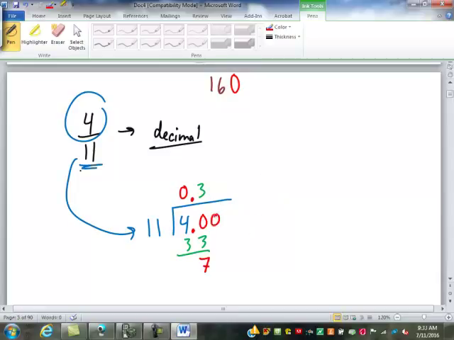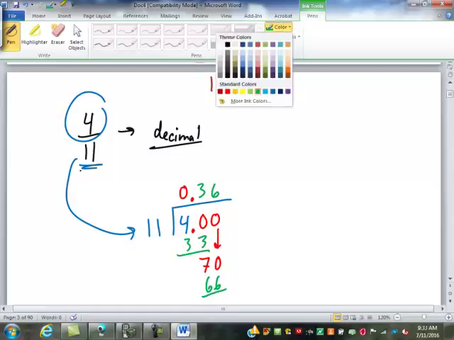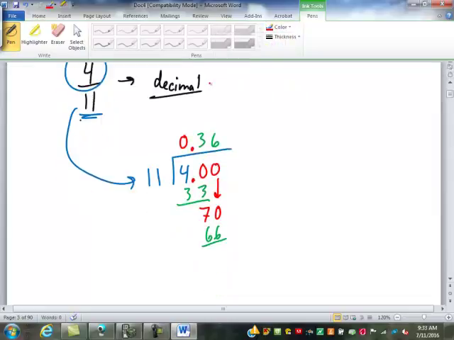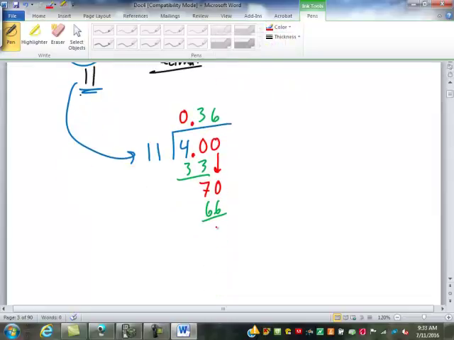We can add another 0 and bring it down. 11 into 70, how many times? 6. 6 times 11 is 66. We subtract. 70 minus 66 is 4.